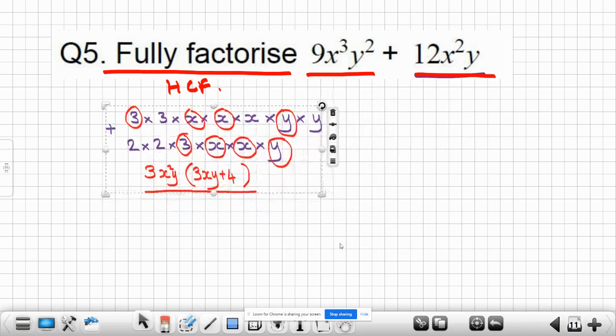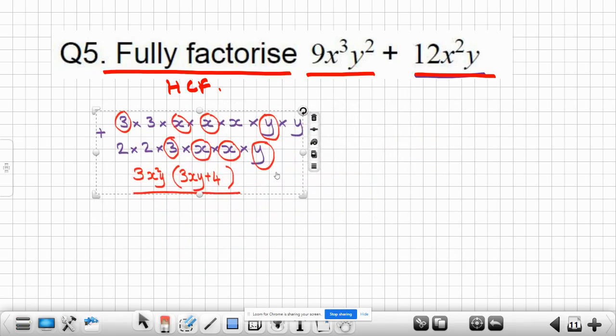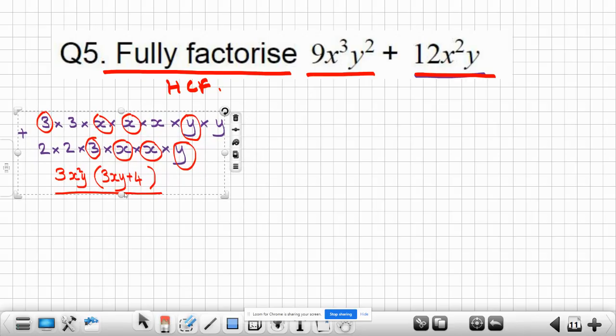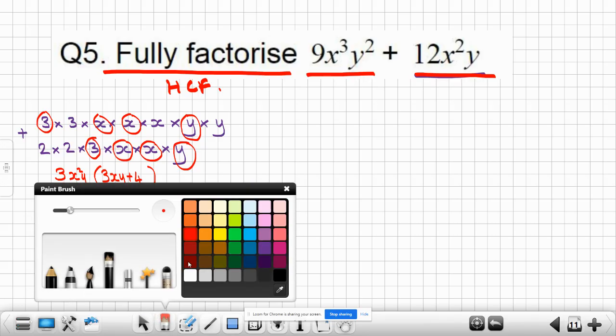We are just writing it as its two factors: the highest common shared factor and then the remaining factor of each term. And we have to put them in brackets because they'd need to be multiplied out to get back to where we started. So this time we're just going to not fully factorise.